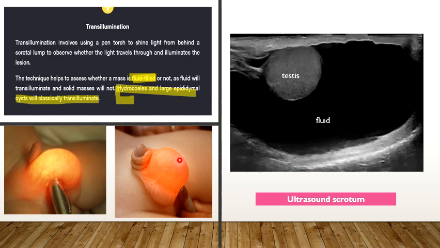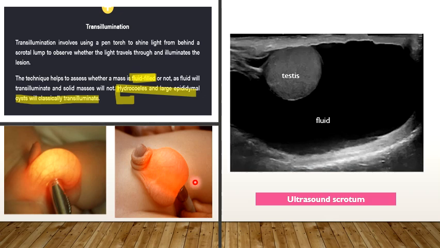Okay, here again, in children it's very easily seen. This technique just shows you that the scrotum here is filled with fluid. Most of the hydroceles and large epidermal cysts will be transilluminant positive.